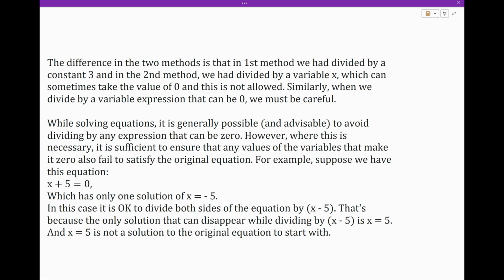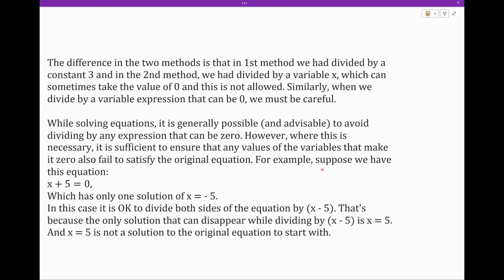While solving equations, it is generally possible and advisable to avoid dividing by any expression that can be 0. However, where this is necessary, it is sufficient to ensure that any value of the variables that make it 0 also fail to satisfy the original equation.